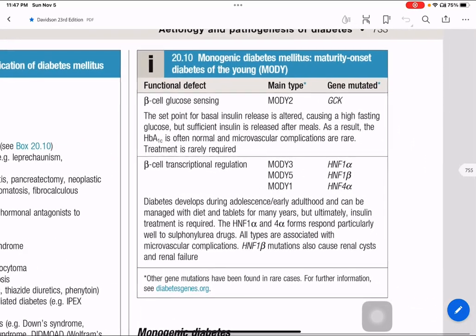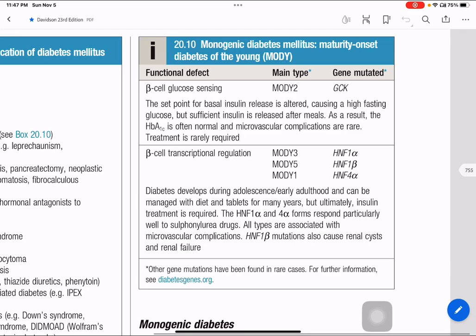Another thing is monogenic diabetes mellitus, maturity onset diabetes mellitus of the young, that is called MODY. In MODY, there are some genetic factors associated with this diabetes mellitus. So this is very different from type 1 and type 2.